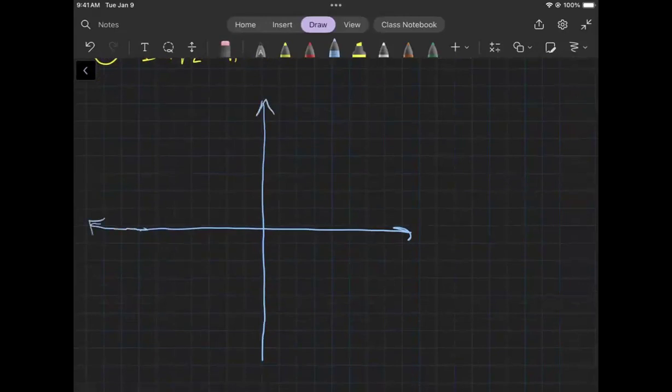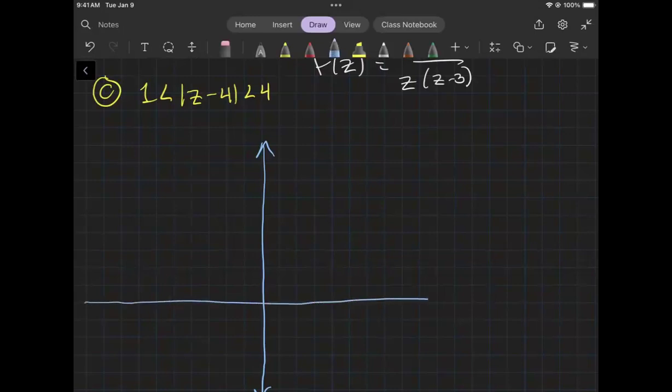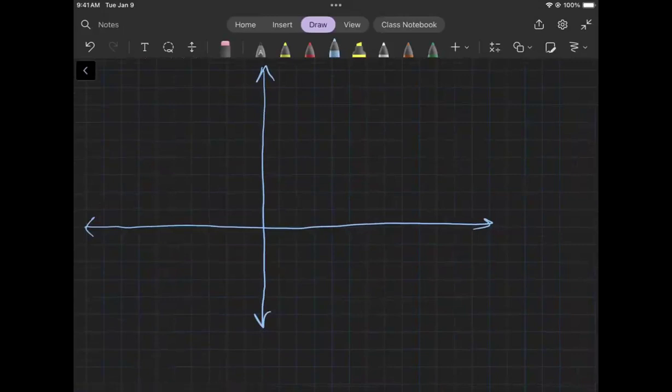So here's the complex plane. And we know the region is in between the circles of radius 1 and 4. So 1, 2, 3, 4.